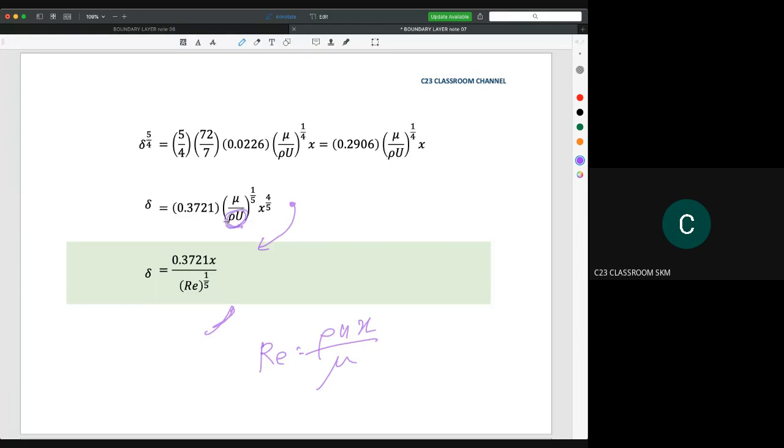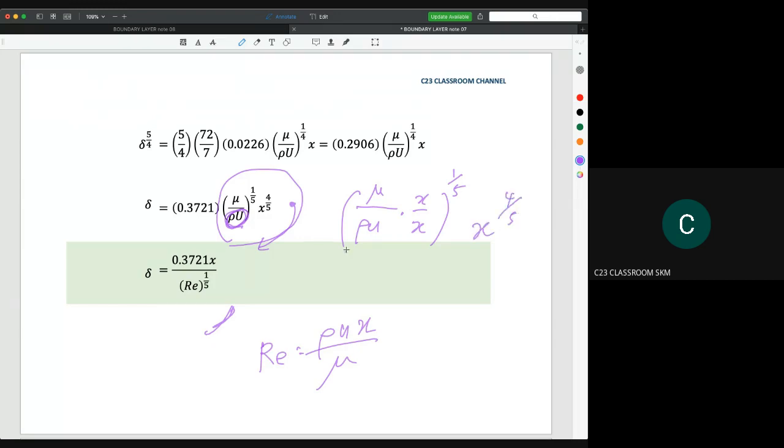So to do this, you need to multiply by x over x, which means multiplying by 1. So you have mu over rho u, and then you multiply with x over x. Nothing changed by the power of 1 over 5, and you have x to the power of 4 over 5.